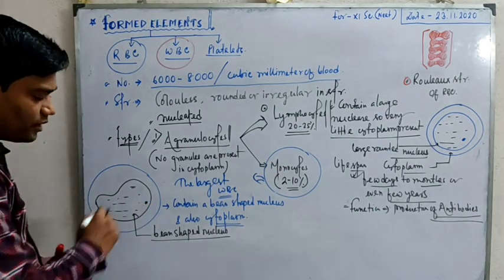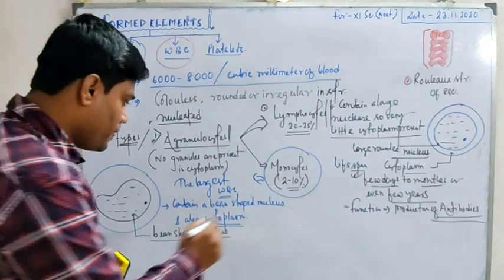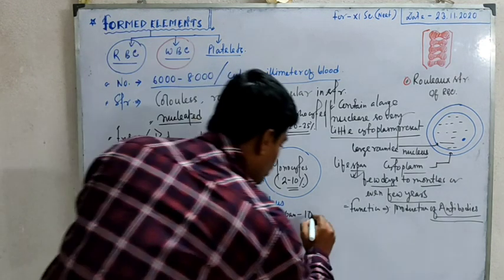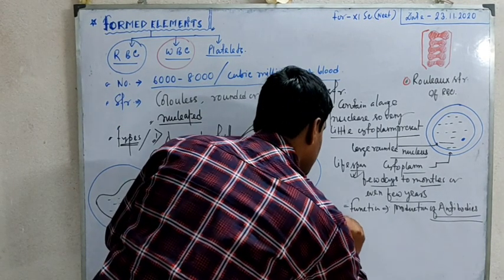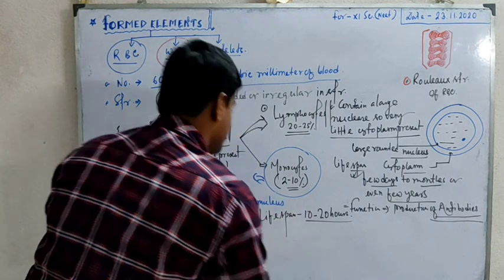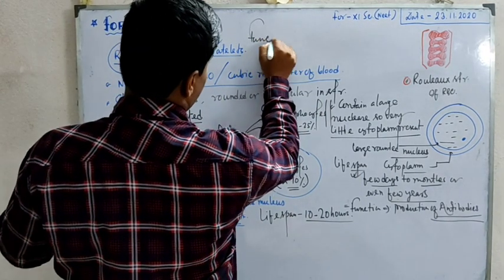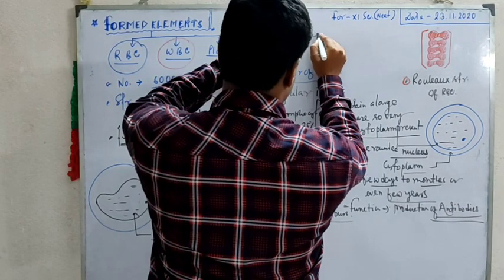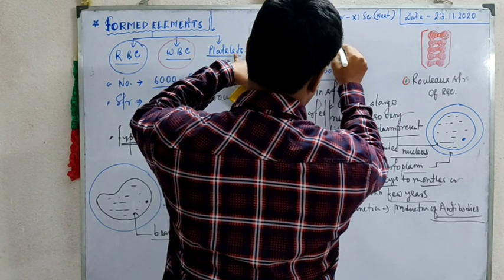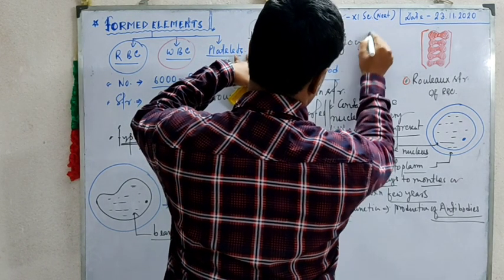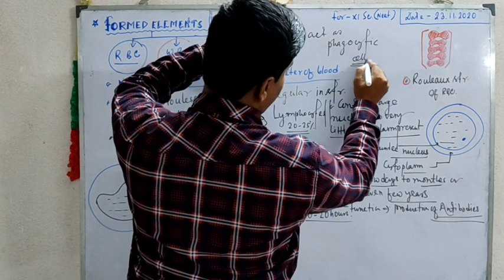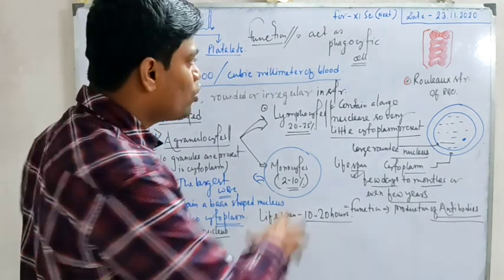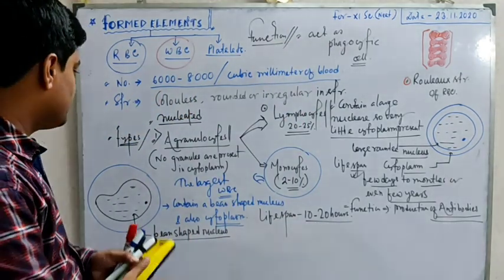Lifespan is 10 to 20 hours, and the main function of monocyte is to act as a phagocytic cell, and it destroys disease-causing germs.